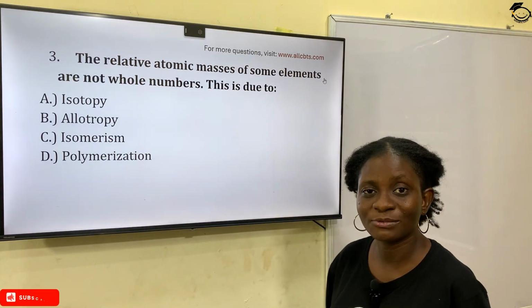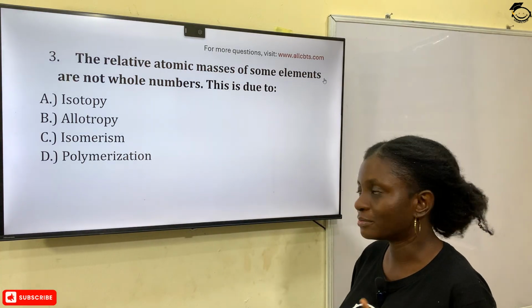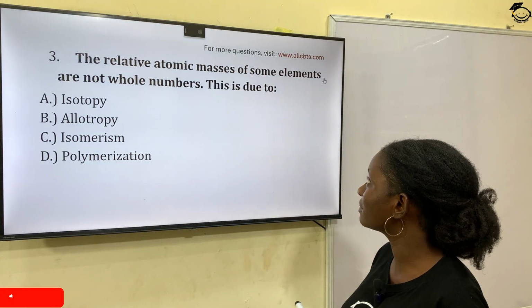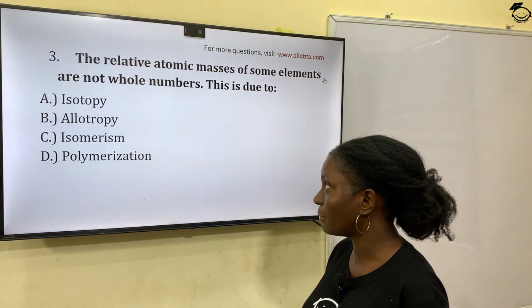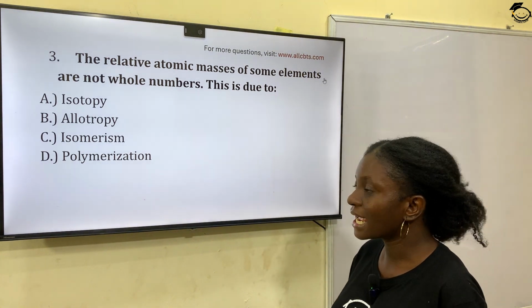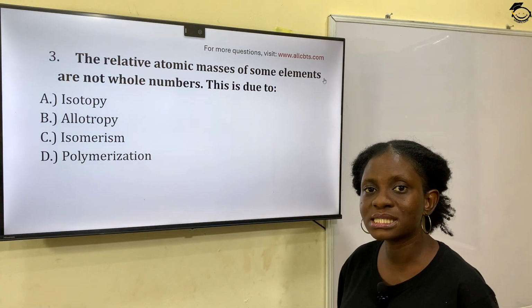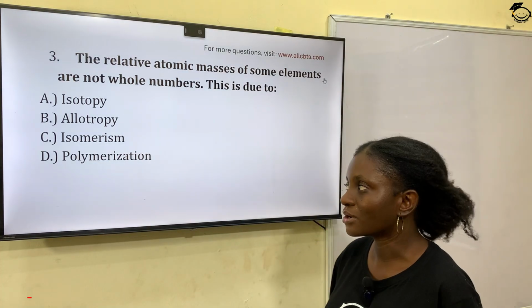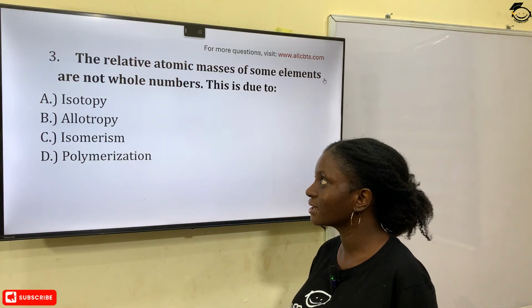So we have isotopes of elements. The same number of protons, different number of neutrons. That is why relative atomic masses of some elements are not whole numbers. Option A, isotopy. Option B, allotropy. C, isomerism. D, polymerization. So the correct answer is isotopy, option A.